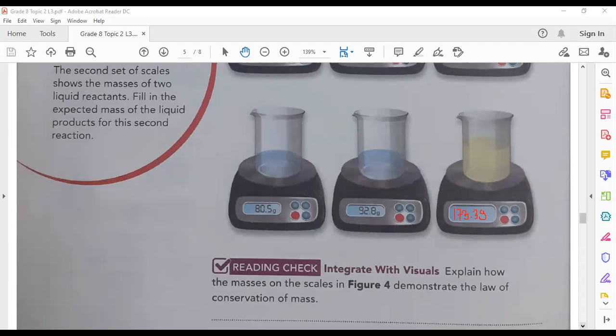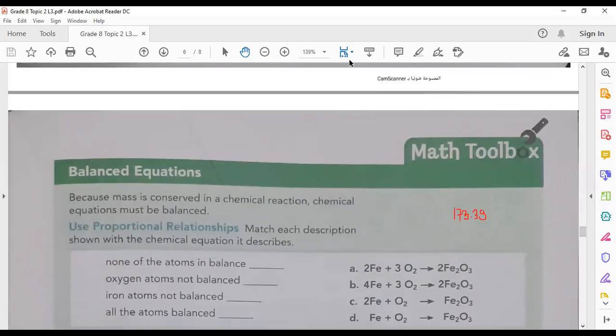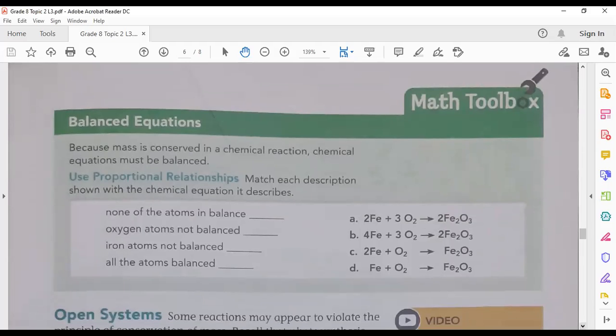Let's go to the next page and solve this exercise. Please listen to me, we want to solve the question together. Let's read the question first. Because mass is conserved in a chemical reaction, chemical equations must be balanced. As I told you, chemical equations must be balanced.